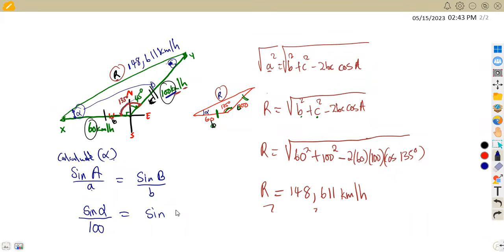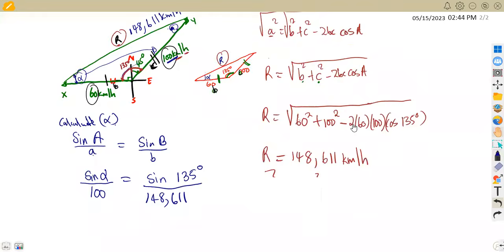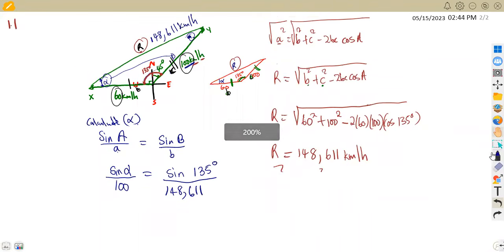All right, so this is going to be sine of 135 everything over the resultant of 148.611. By this, we can calculate our angle alpha, that is removing the 100 that is dividing here. We can multiply both sides by 100 to remove the 100 that is dividing here, same as 100 over 1.